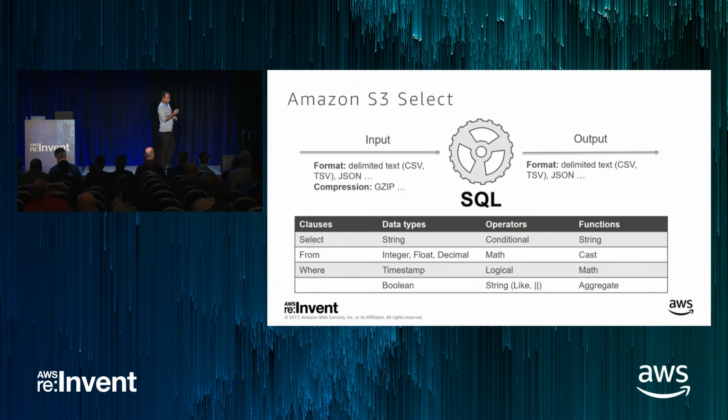From an operator's perspective, we support conditional operators. We talked about some of them already, like equal, less than, greater than, not equal, and so on and so forth. Math operators, so we can do addition, subtraction, modulo, division, multiplication, etc. Logical operators, so you can combine multiple conditions in the where clause.